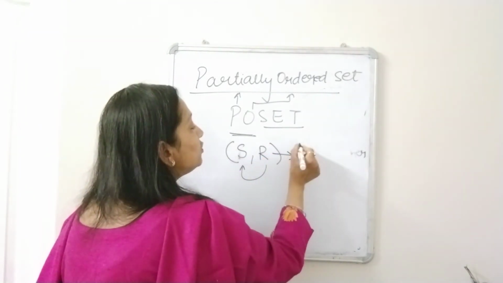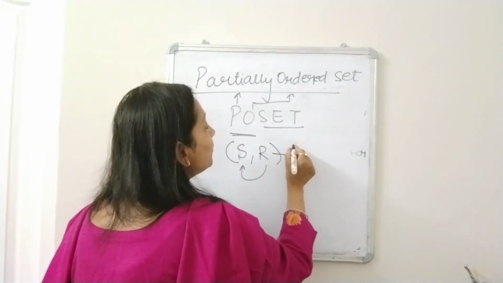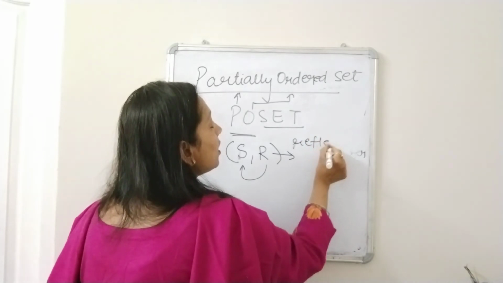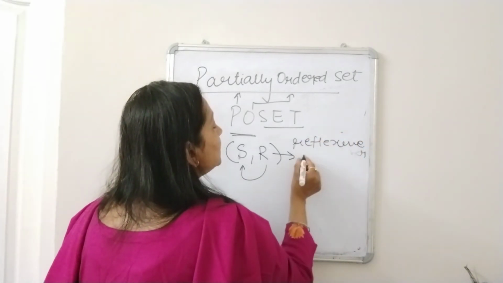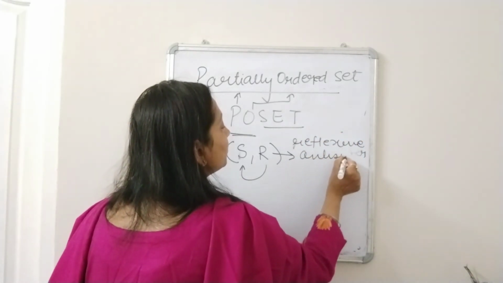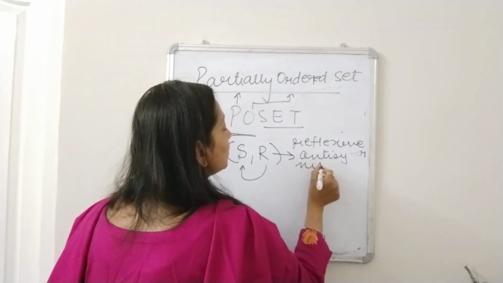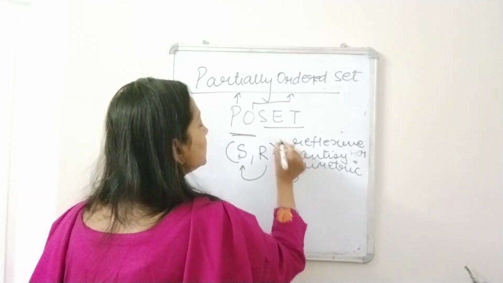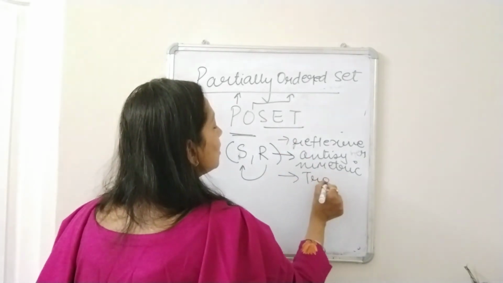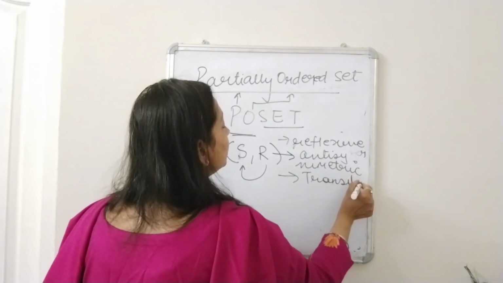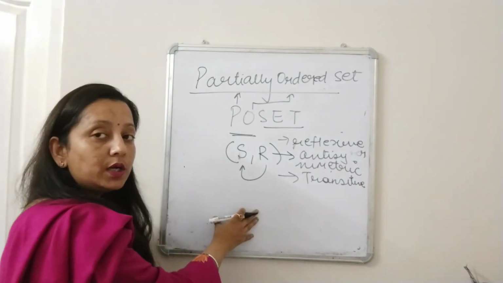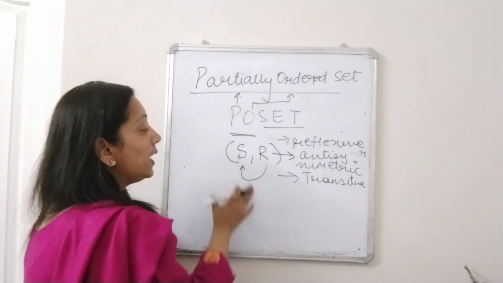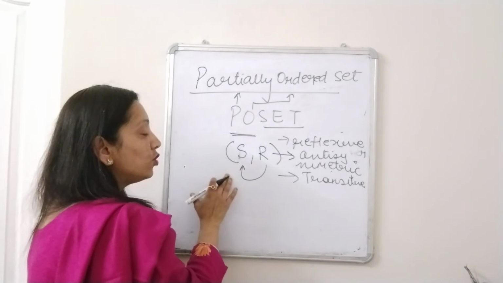So a relation which will be reflexive, which will be antisymmetric, and which will be transitive, then it will be called a partially ordered set. And obviously a relation is based on some set.